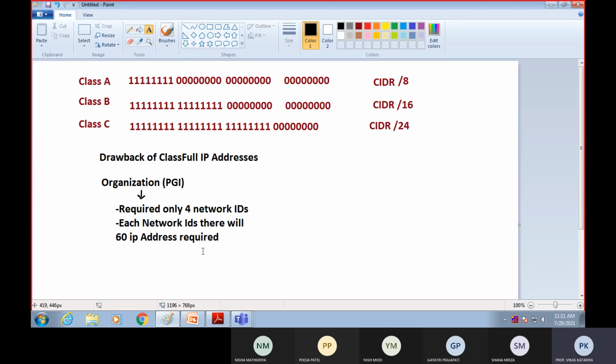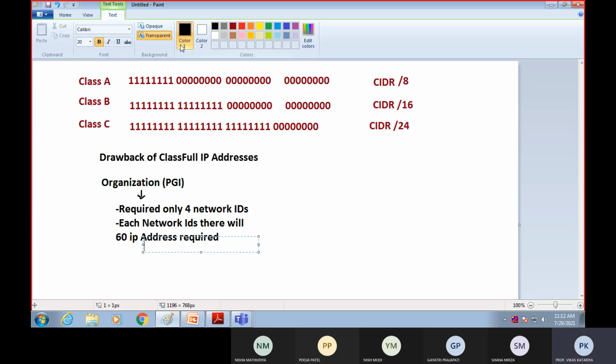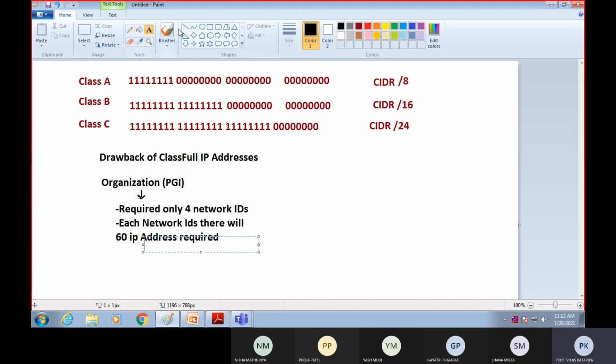If we use a class C IP address, we know that a total of 8 bits are used as suffix. So according to 8 bits, 2 raised to the power 8. First of all, we have to go for class C because we have very little requirement: only 4 network IDs, and in each network ID only 60 PCs.